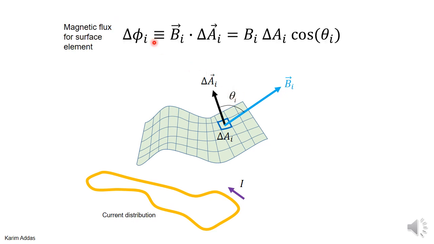That's what the magnetic flux through the element of area is defined to be: B dotted into the area, which is B delta A cosine theta. And of course the magnetic flux doesn't have to be the same for every area because the area vector points in a different direction than the magnetic field. The angle is not the same everywhere. The magnetic field is not the same everywhere. So in general, the flux through each of these areas could be different.